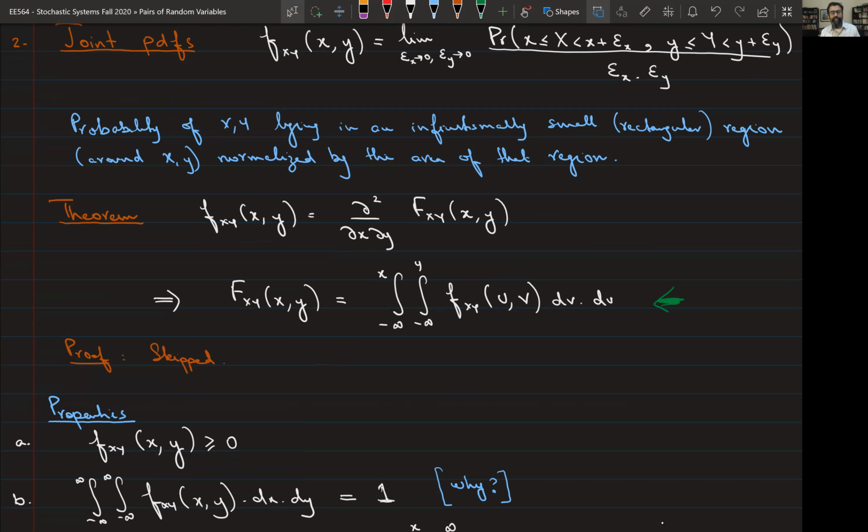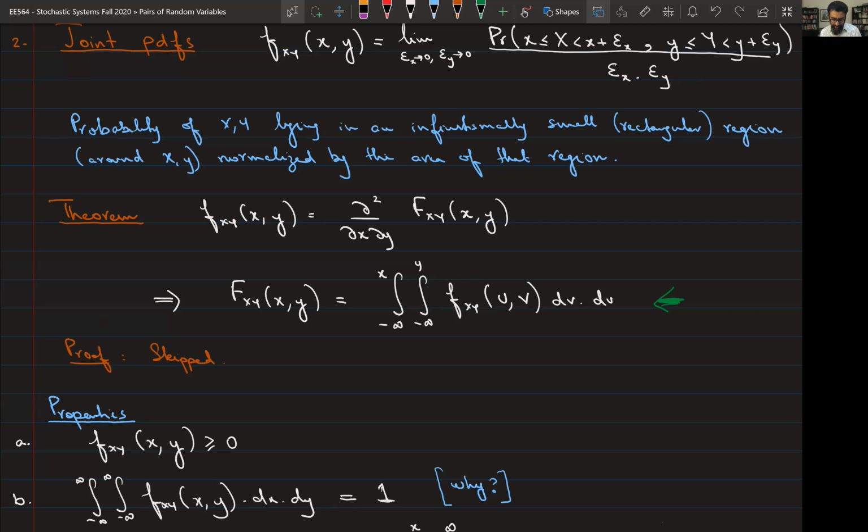So that's a relationship that we should perhaps remember. It's an extension of things we've already done for a single random variable. Now we're generalizing it for two random variables, and in the next chapter we're going to generalize it even further for more than two random variables.